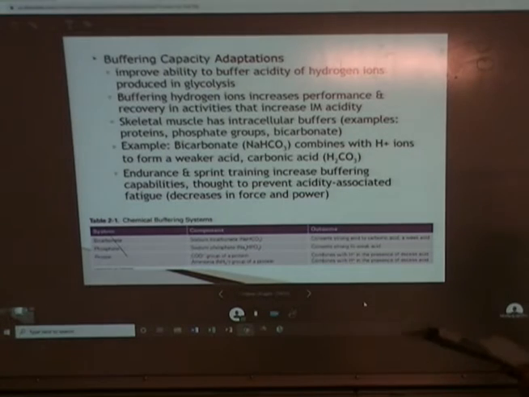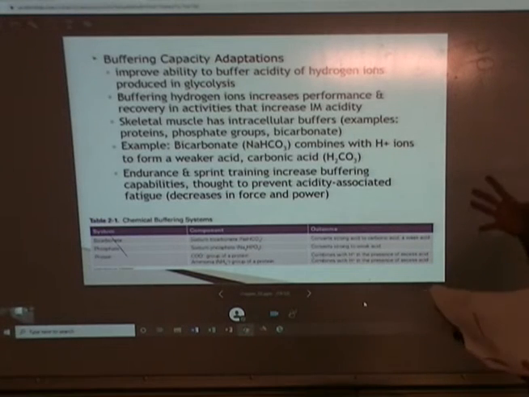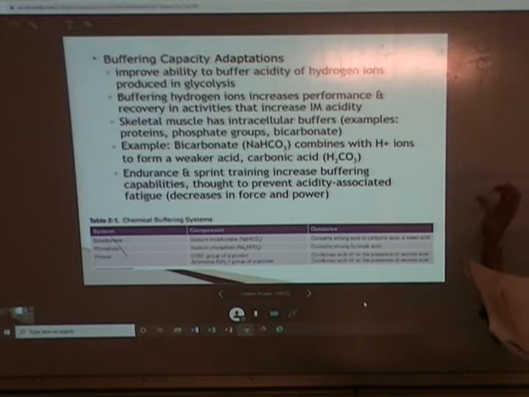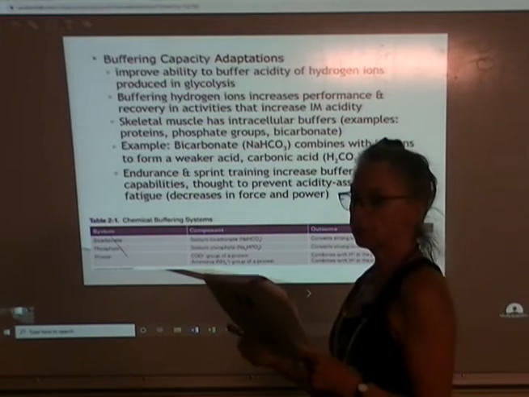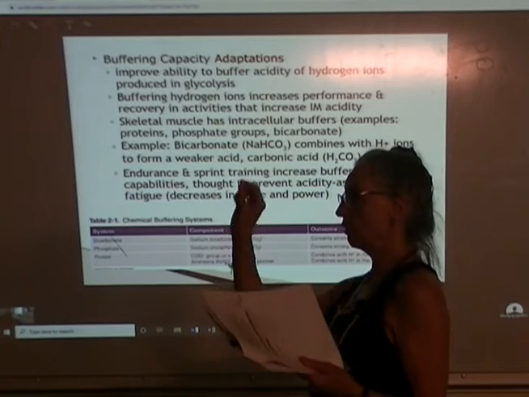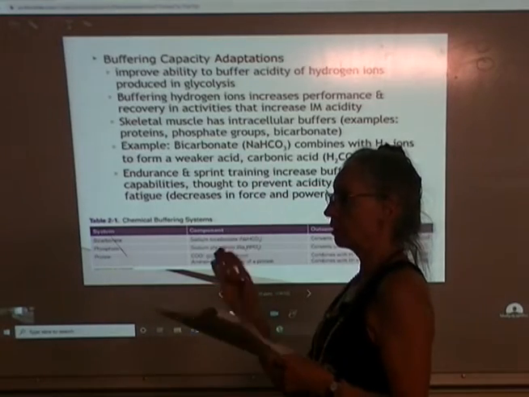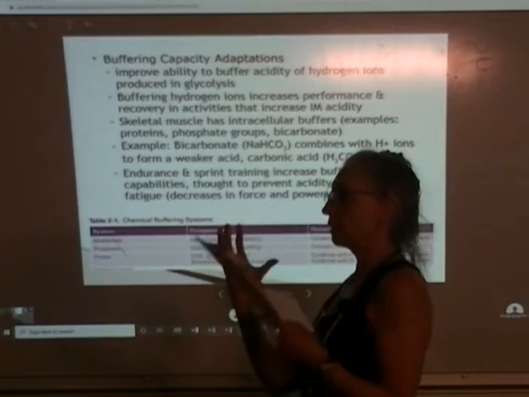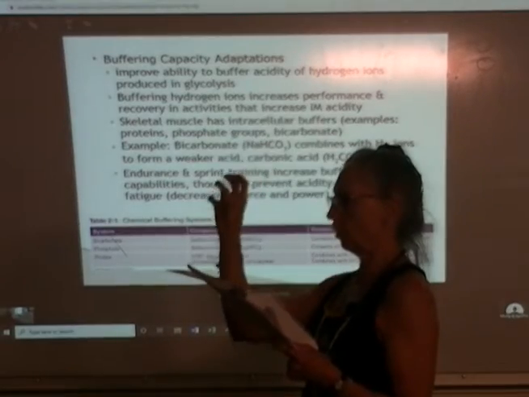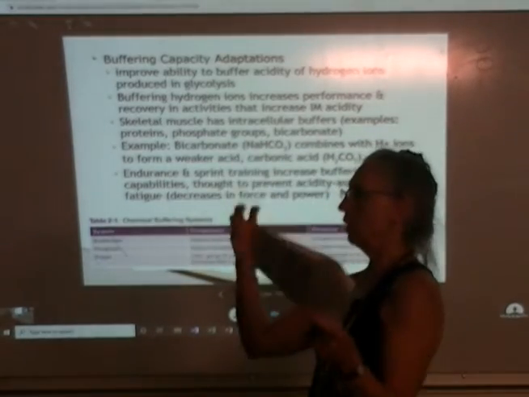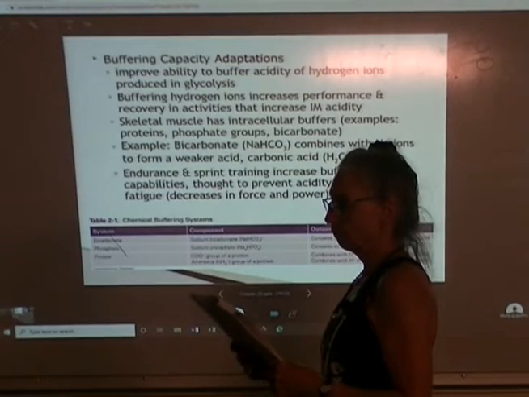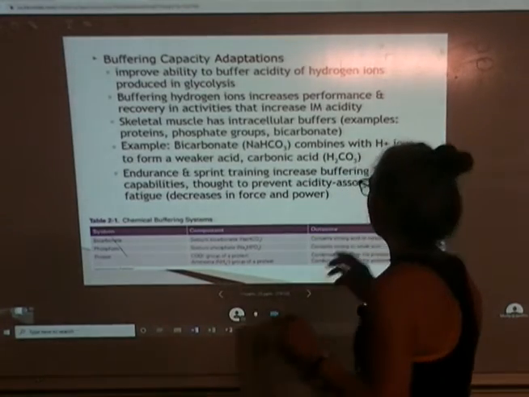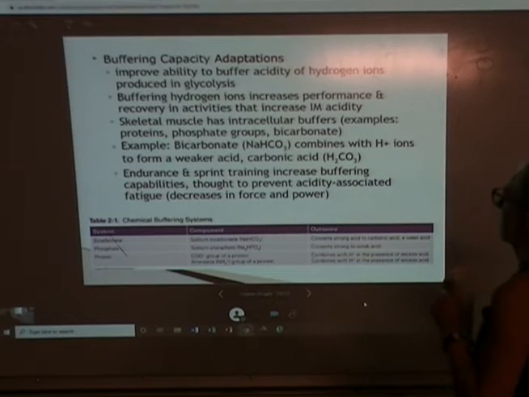So skeletal muscle has buffer substances in the cell. Proteins are buffers, phosphate groups, so those inorganic phosphates can act, not the inorganic phosphate on its own, but phosphate groups can act as a buffer, and also bicarbonate. Okay, so they're the keys. Right?